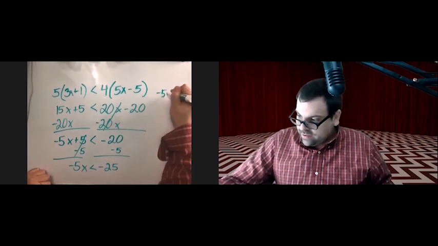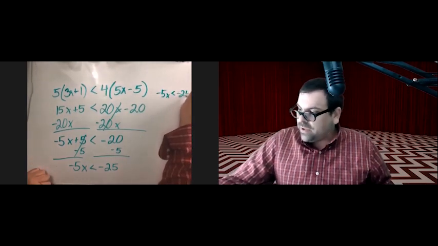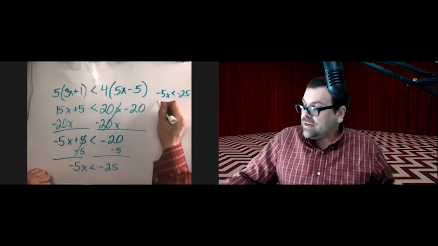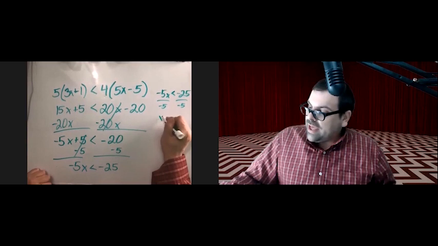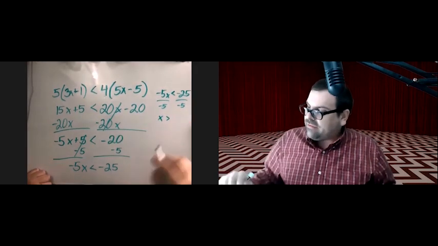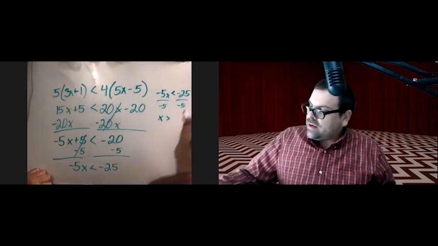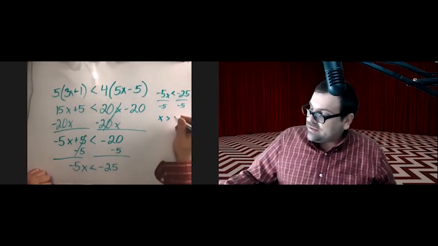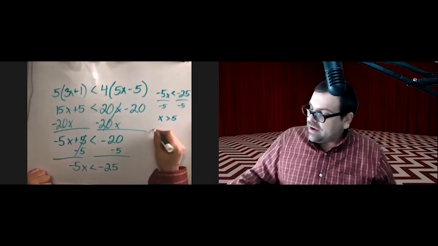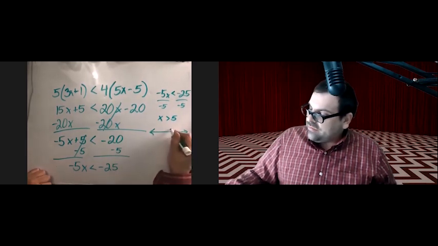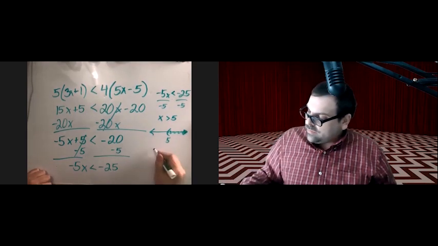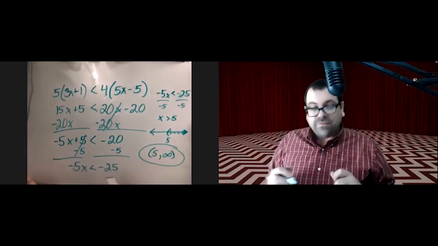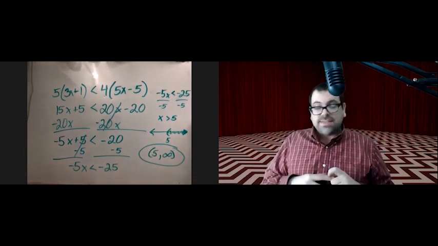And from there, I'm going to divide both sides by -5. Leaves me with x is greater than, because that flips the sign. Negative divided by negative is positive. 25 divided by 5 is 5. Five to infinity inside parentheses.